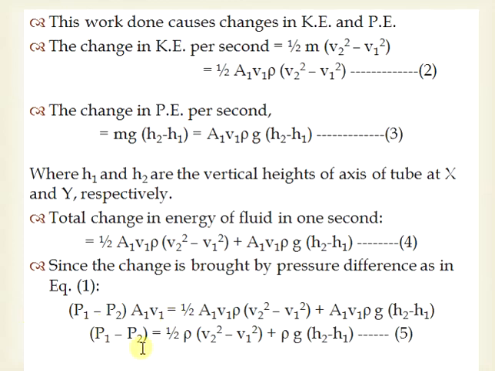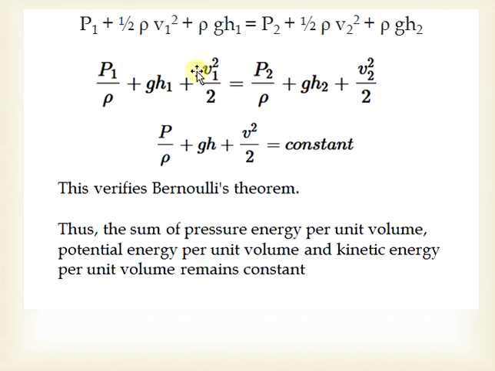From these expressions, we can cut off A1 V1, so P1 minus P2 is equal to half rho into V2 square minus V1 square plus rho g into H2 minus H1. This equation can be rewritten as P1 plus half rho V1 square plus rho g h1 is equal to P2 plus half rho V2 square plus rho g h2.